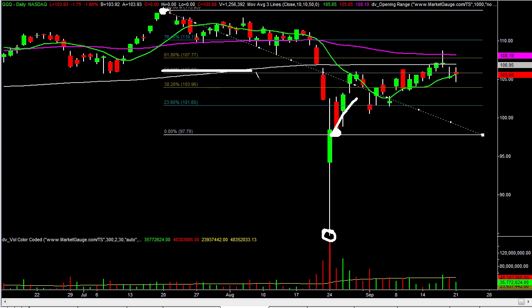In so many of the indexes and sectors, if you look at where the market is trading relative to that 50% level, it's been consolidating or hitting its head on it.